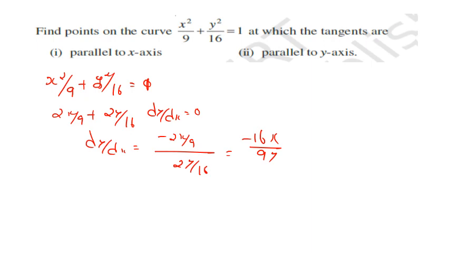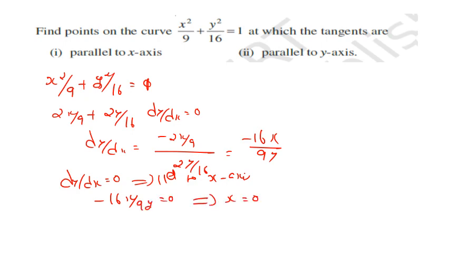Now you have to find out a point only. So if it is parallel to x-axis, what you can say? Parallel to x-axis means dy by dx is equal to 0. So minus 16x by 9y is equal to 0.